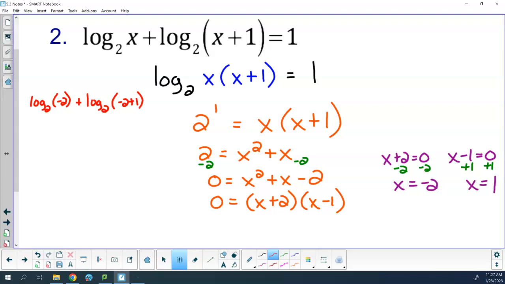Base and args have to be positive. Okay? So this one doesn't work, which means negative 2 is extraneous. Then we got to check x equals positive 1. We would have log base 2 of 1 plus log base 2 of 1 plus 1, which would be 2.